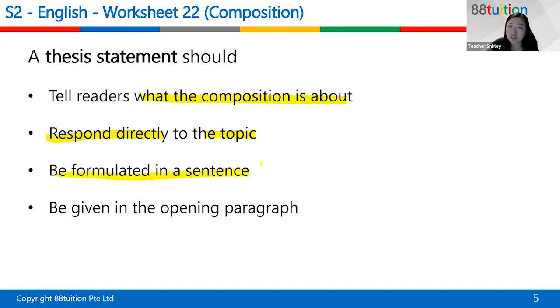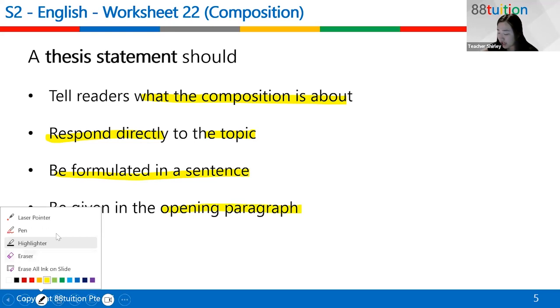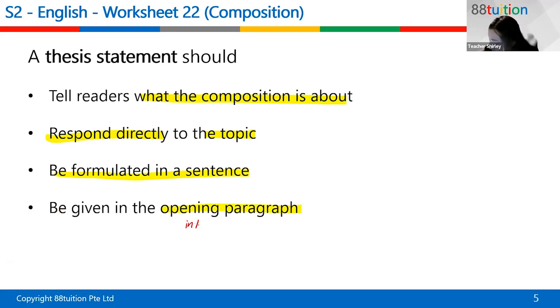It's not a phrase, it's not a word, it's usually a sentence, and it's usually in the opening paragraph, which is your introduction as well. So the thesis statement has to respond to the topic in the following 4 ways.